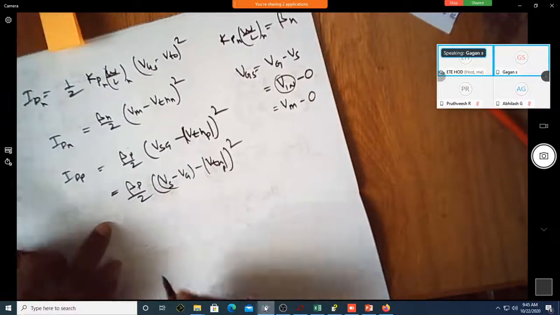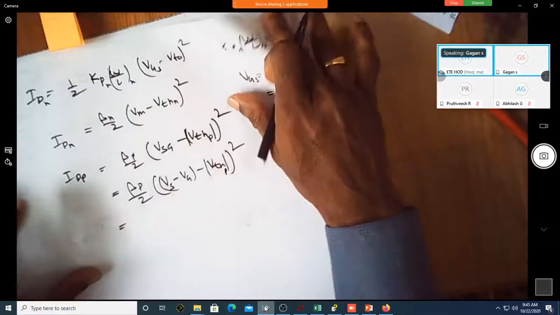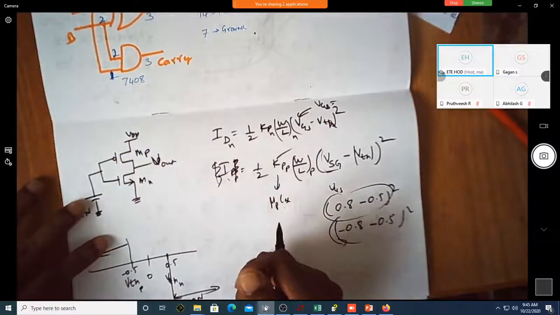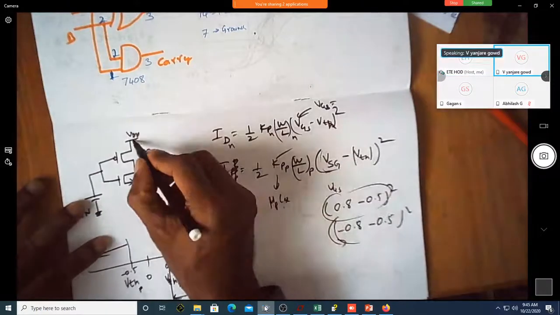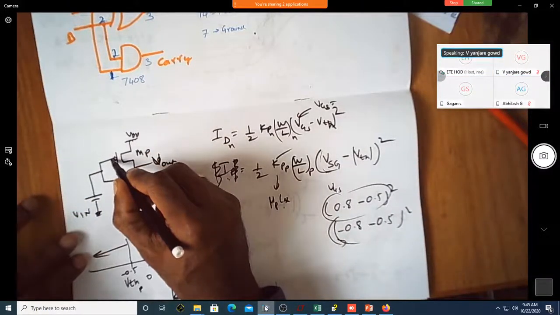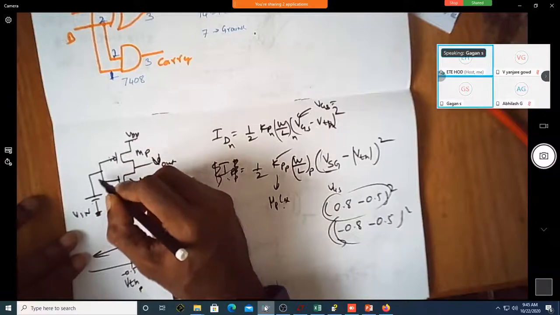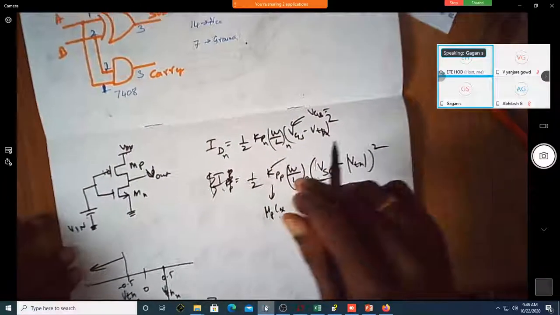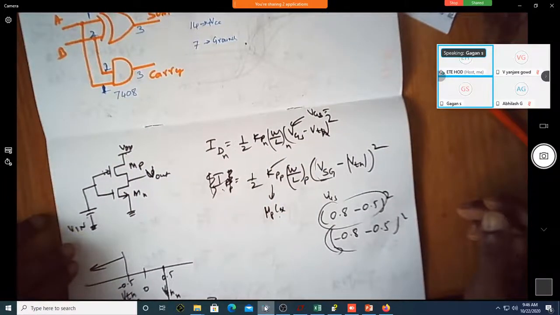What is actually Vs for the PMOS transistor? VDD. What is Vg? Vin, sir. Is Vin equal to Vm for this saturation current? Yes, sir.